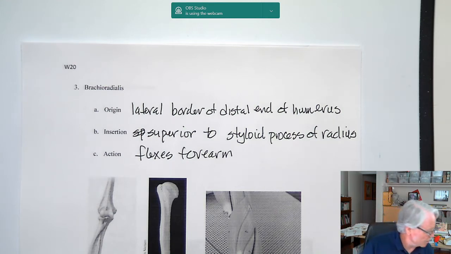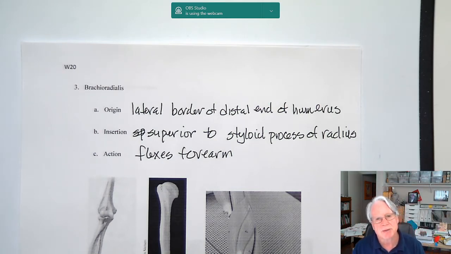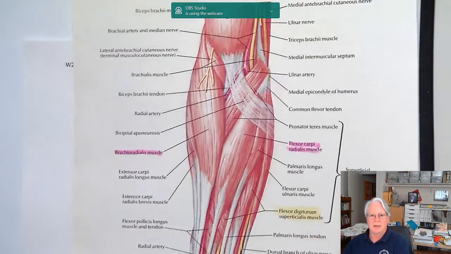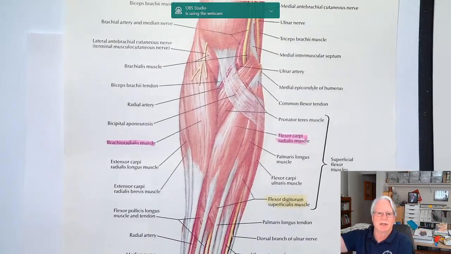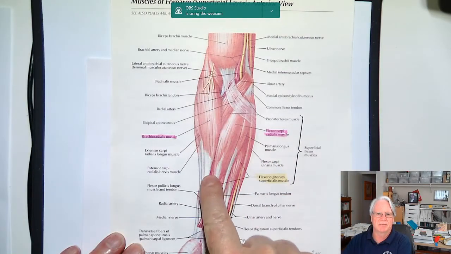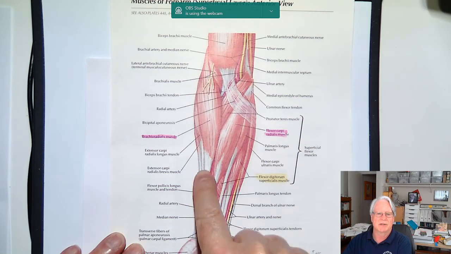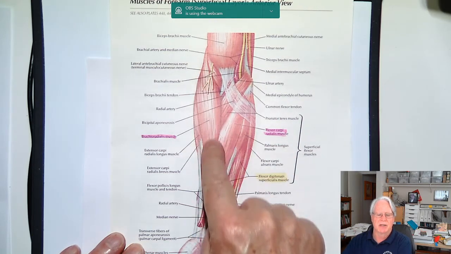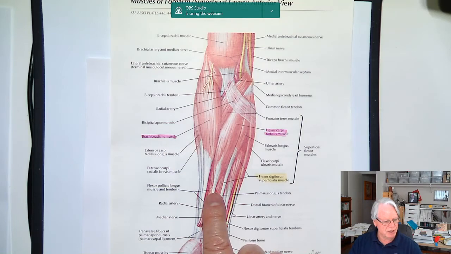Let's take a picture, and I'm going to turn here to my favorite, and that would be Netter. And this is a real nice image of that muscle. Here's my brachioradialis right here. Nice, very nice. I think better than what your textbook produces.